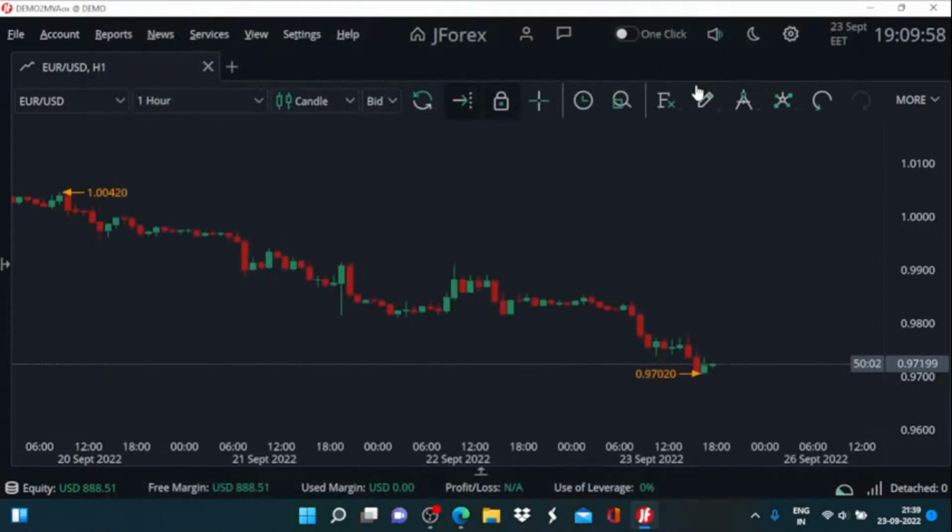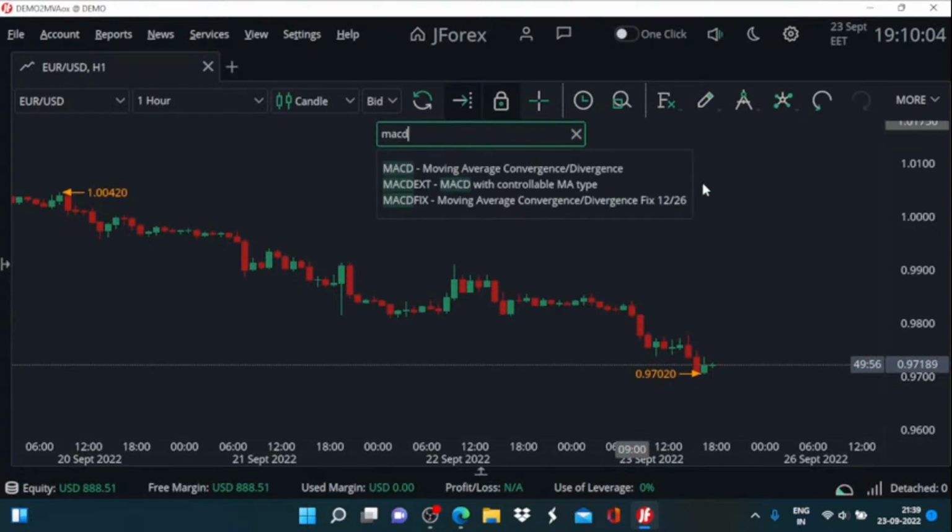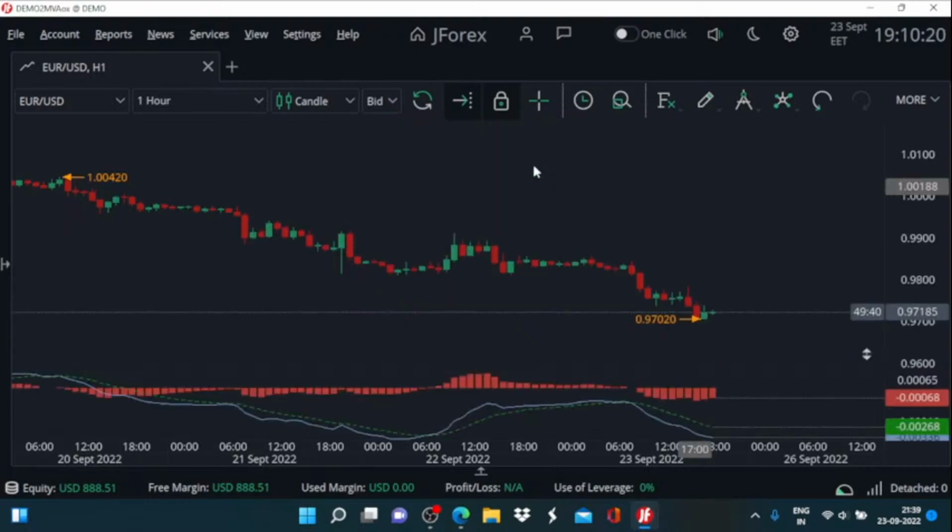Or you can simply do a quick search, type in MACD, and all you have to do is then just click on this first one. The MACD extended and MACD FIX, which we will consider in subsequent sessions, will be dealt with later on. Now today it's the turn of the moving average convergence and divergence.